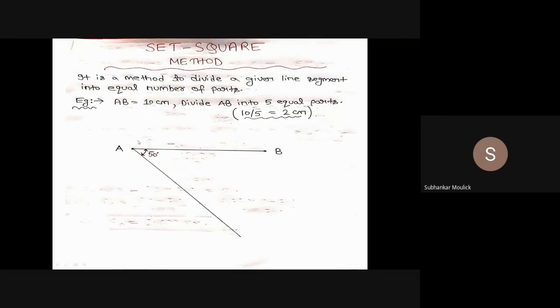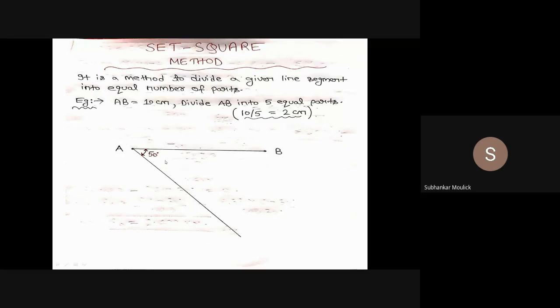Next step is, see, point A is one end point of the line and point B is the last end point of the line. From the first end point of the line, with the help of protractor, you have to draw an acute angle inclined line.